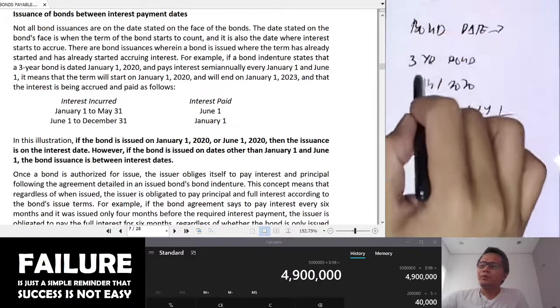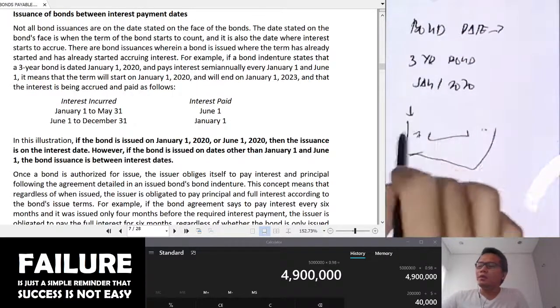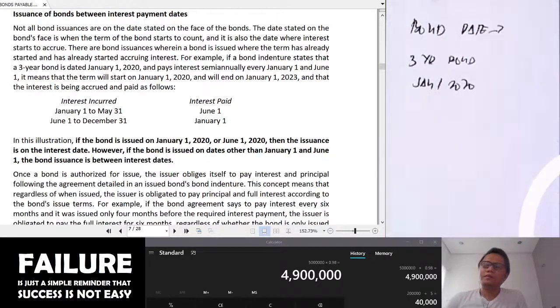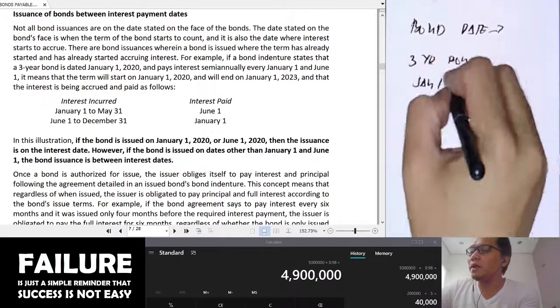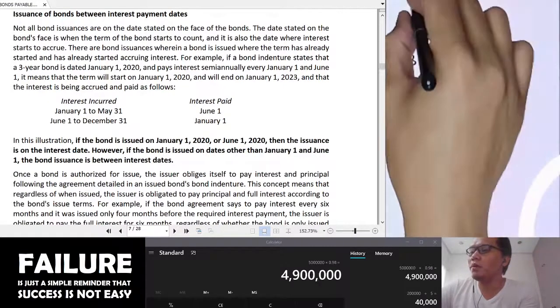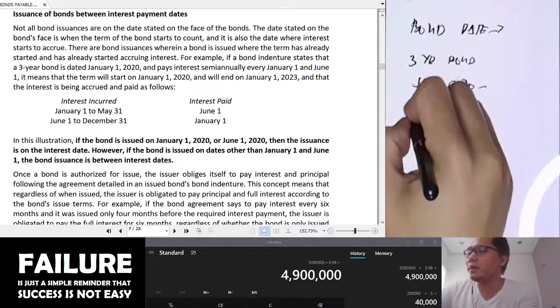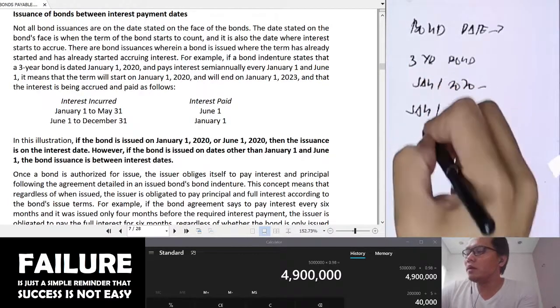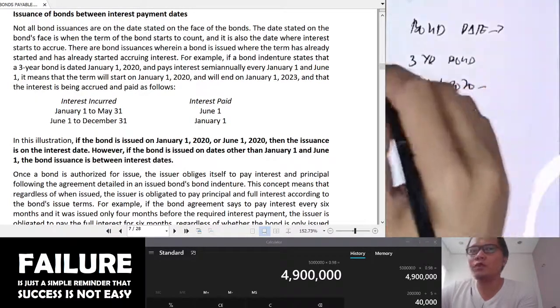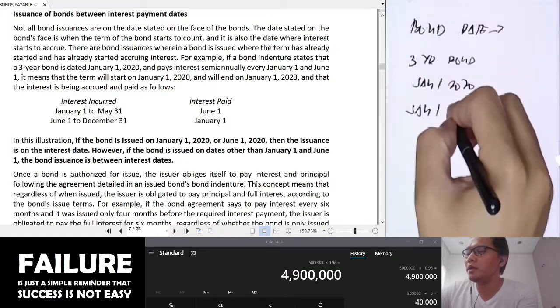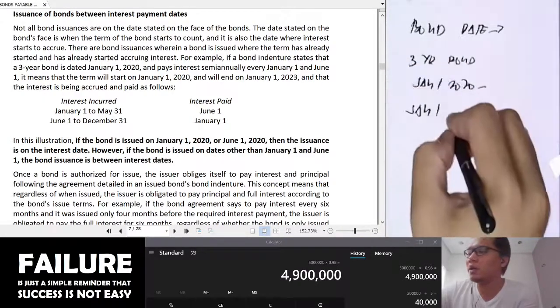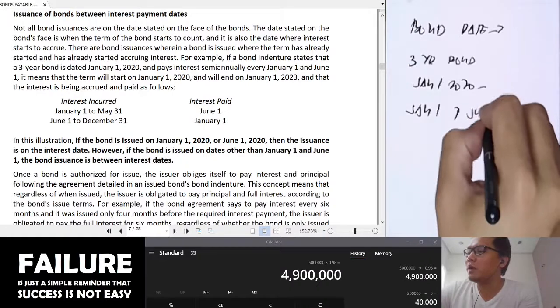So, in this particular example, for us to understand it clearly. Di ba yun nga, the bond is dated January 1, 2020. Then the interest is paid every January 1 and July 1.